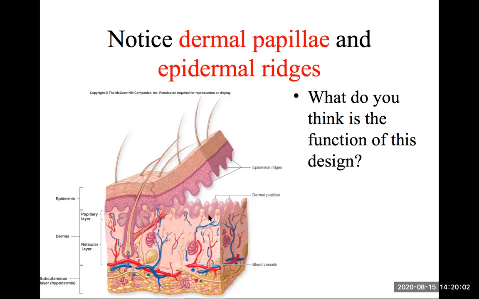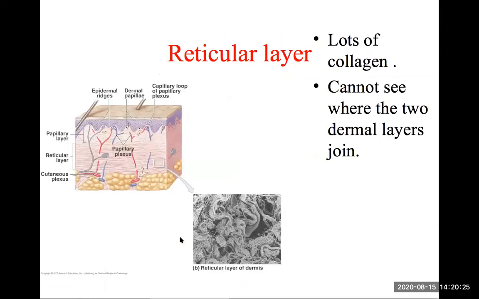So if you rub hard enough against the skin, you can separate these two layers, and that would be known as a blister. All right, so you've all had blisters before from something rubbing. Okay, so normally though, this high surface area helps to reduce the likelihood that the epidermis and the dermis will separate.